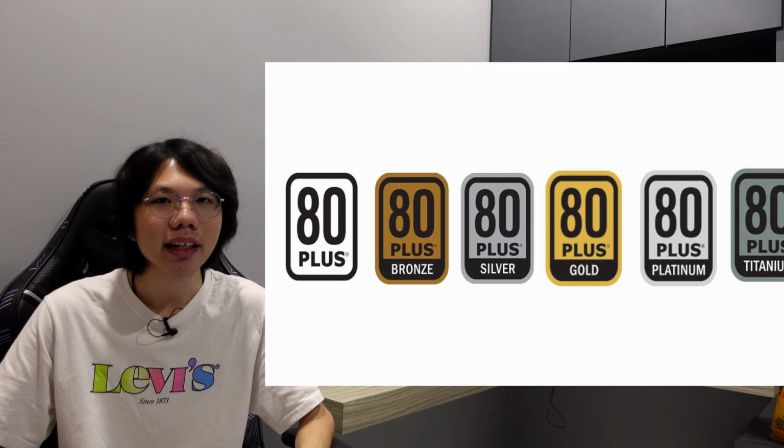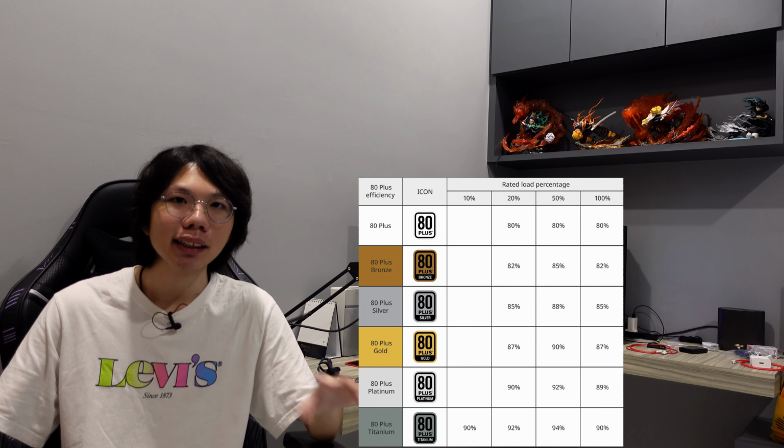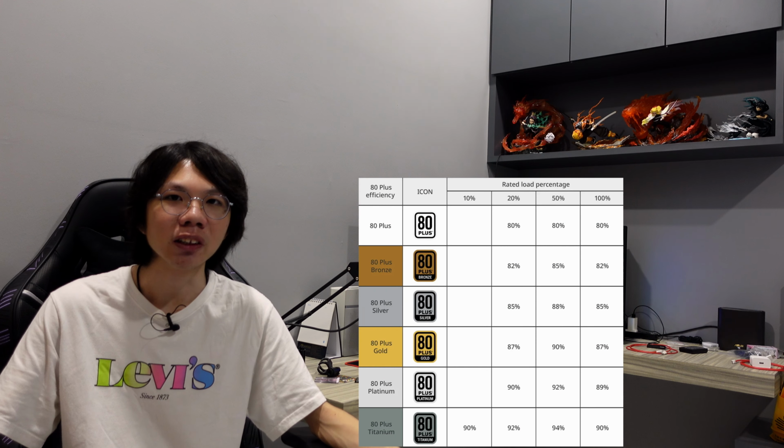Next up, we have the 80+ efficiency rating for a power supply. Nowadays, it's basically a must. If you see a power supply that does not have any kind of 80+ rating at all, you should just avoid it. There are several tiers of 80+ efficiency rating that you can see on screen right here.